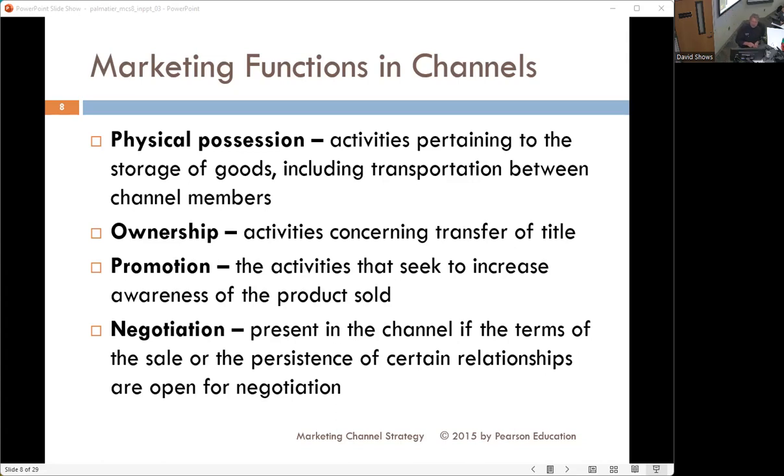Now, I want to talk about physical possession and ownership a little bit more, because I want you to be conscious of a concept.